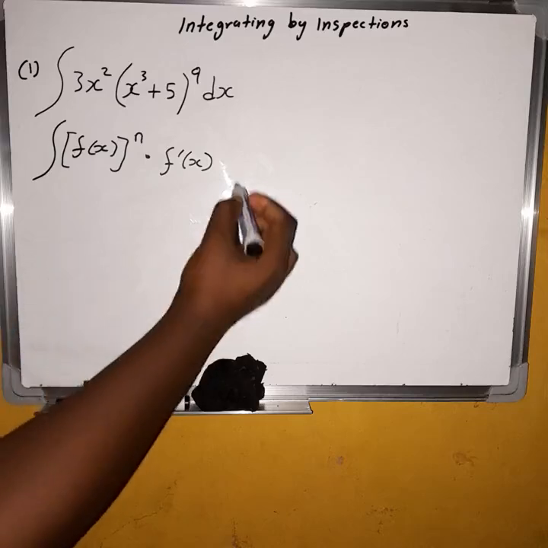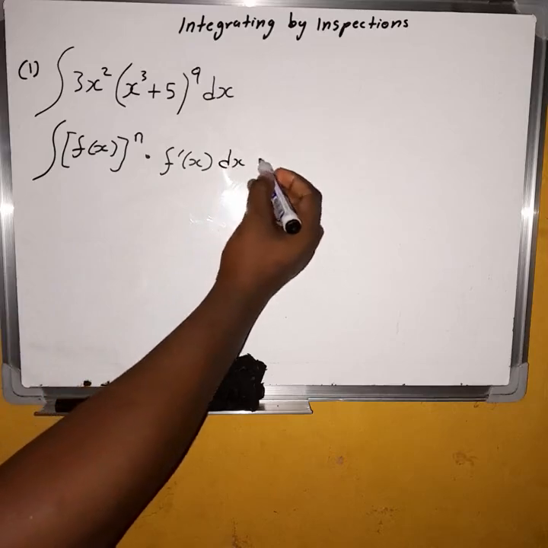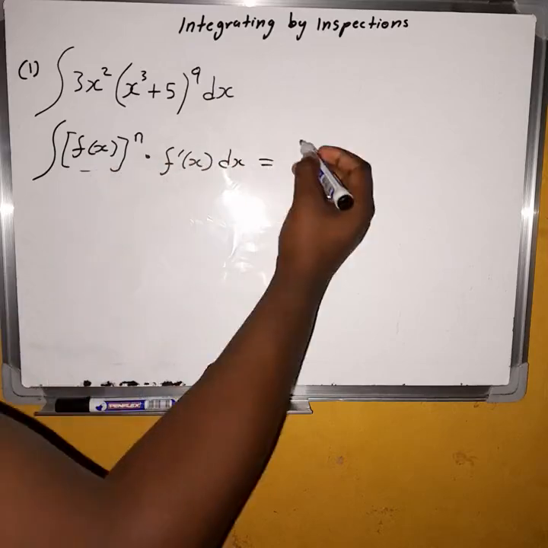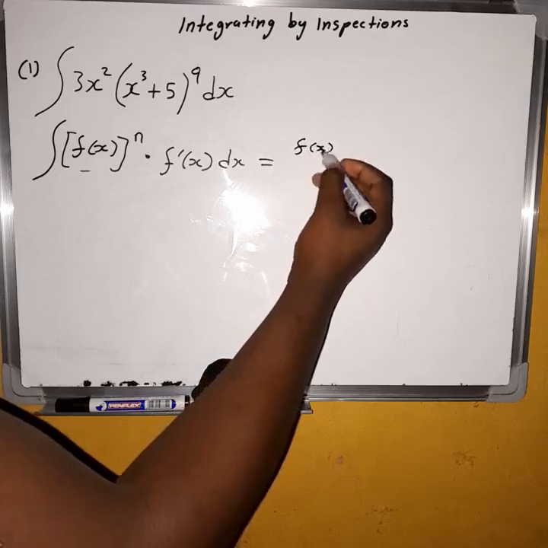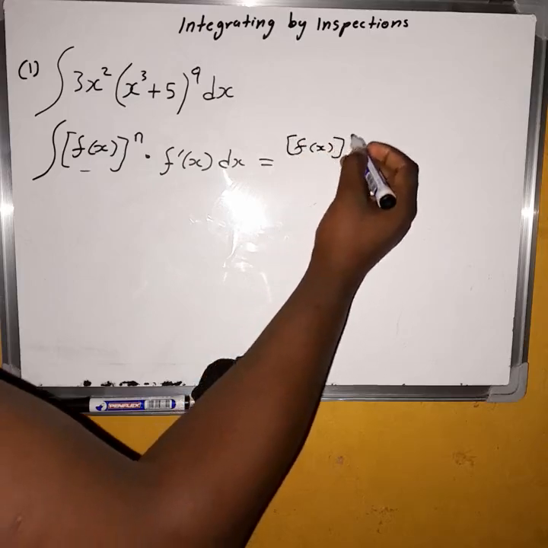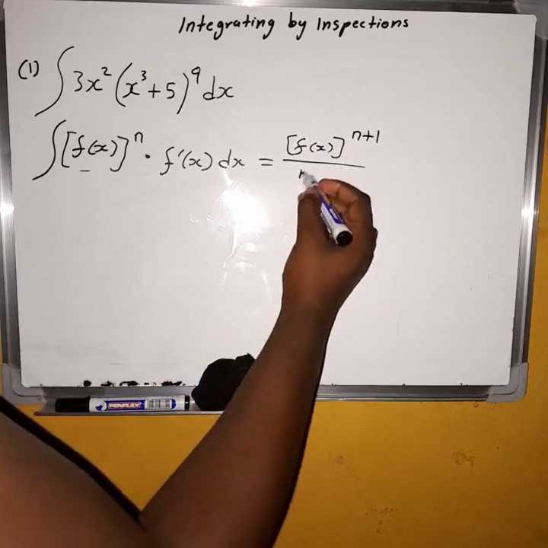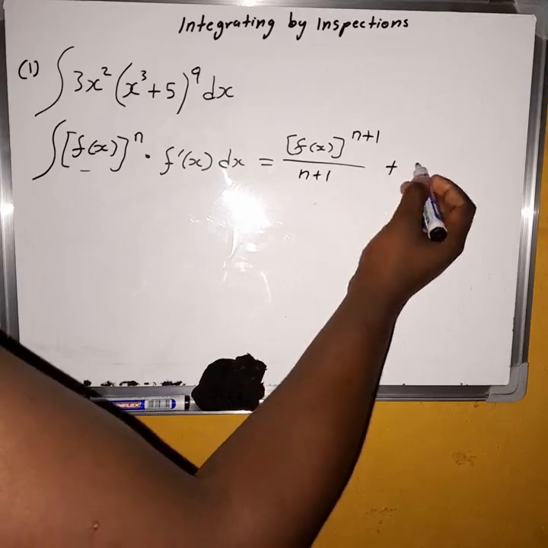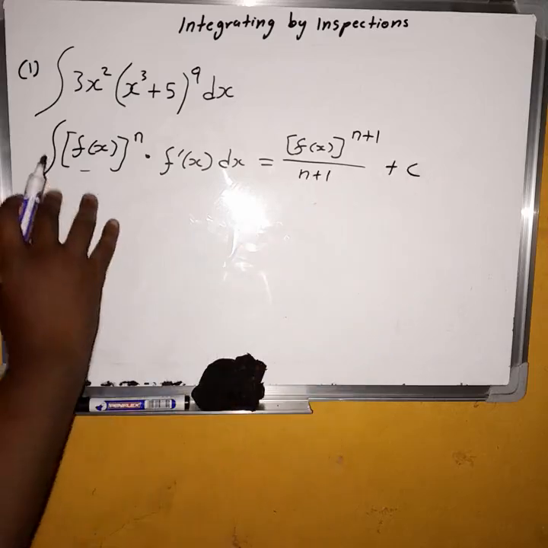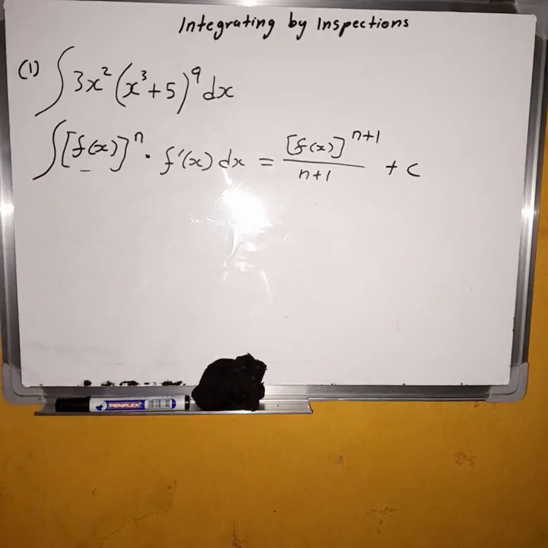It is equal to f of x, using the power rule, raised to n plus 1, divided by n plus 1, plus constant c. We'll apply this formula. How can you apply it?